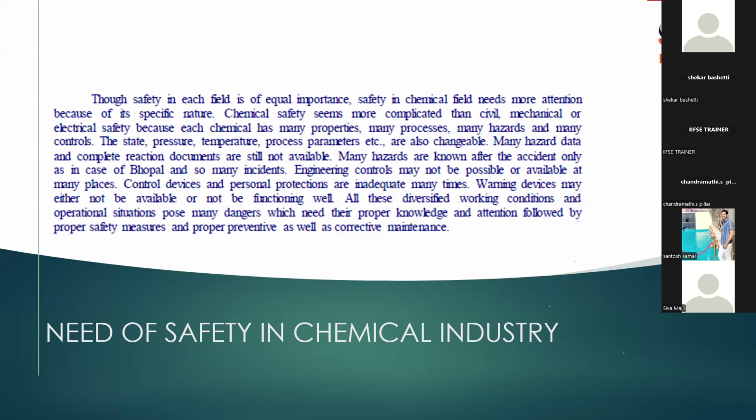The state, pressure, temperature, process parameters, etc., are also changeable. So it will have many properties because of the state, which means a solid state or liquid state or gaseous state, and based on the pressure, whether it is low pressure or high pressure. All of these will matter.